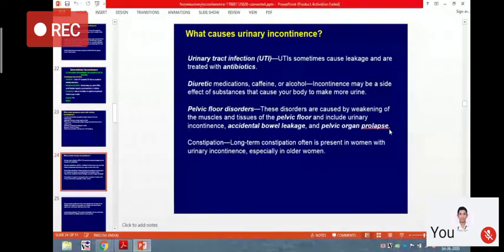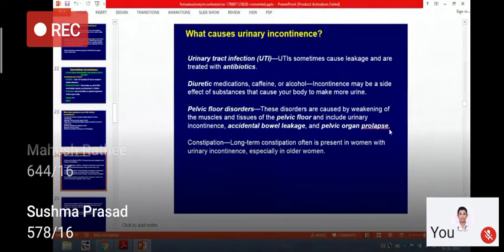What are the various causes of urinary incontinence? There can be urinary tract infection. So whenever a patient complains of urinary incontinence, one has to rule out urinary tract infection, and it can be treated with antibiotics. Then diuretics, medications, caffeine, alcohol. Then pelvic floor disorders.